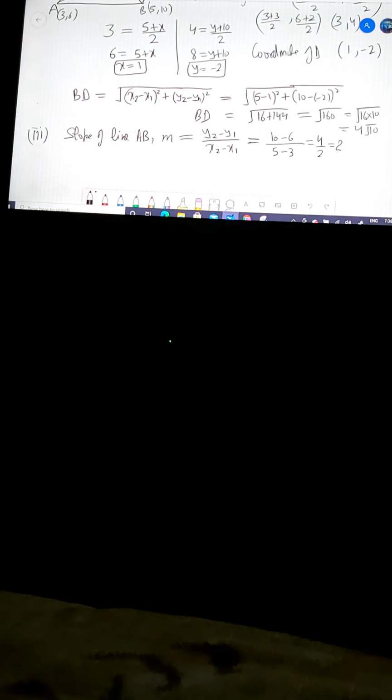Now if we know the slope and we know points of the line through which the line passes, the equation of line formula is y minus y1 equals m, which is the slope of the line, into (x minus x1). Now we can take point A or point B and put those values as x1 and y1 into this and get the answer.